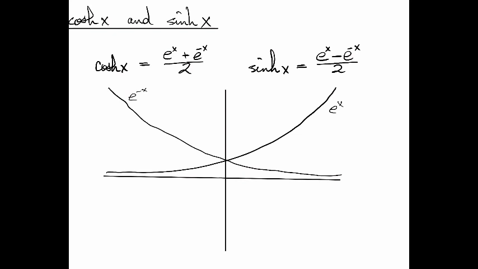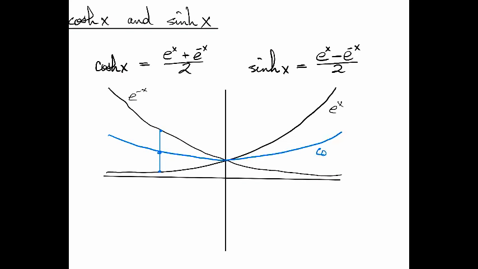And then cosh, by its definition here, is just the midpoint between e to the x and e to the minus x, right? When you add two things together and divide by 2, you get the midpoint. So that means if I look at this point here and this point here, cosh should be exactly the midpoint of the line connecting those two. And so the cosh is going to be something that looks like that.